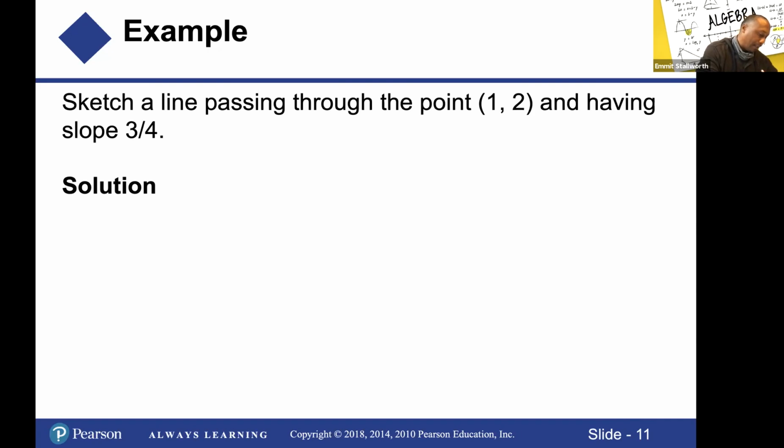So if we've got, and I apologize, I didn't quite come prepared, a point, and that point is going to be 1, 2, and then we have the slope is going to equal 3/4.